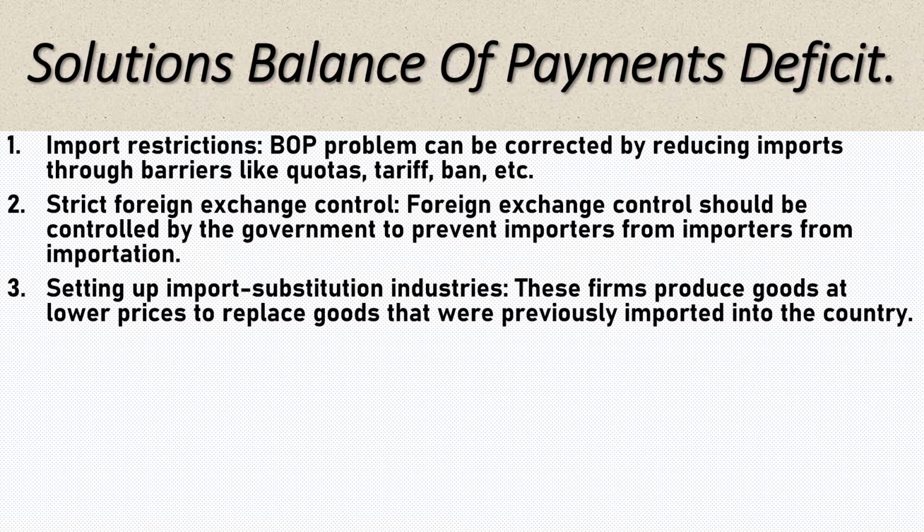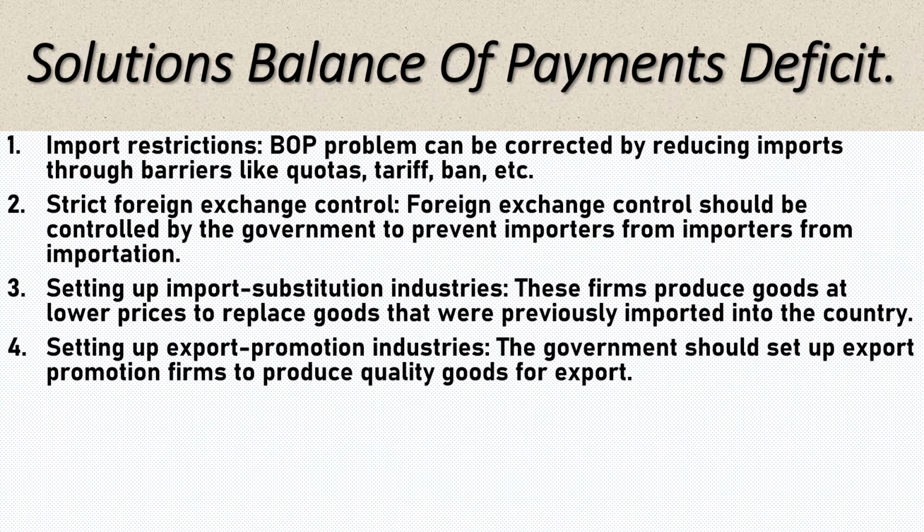When a country consciously puts this into practice by producing more goods to replace those they were importing before, it means that importation in such a country will drop, and by so doing, balance of payment deficit can be corrected.